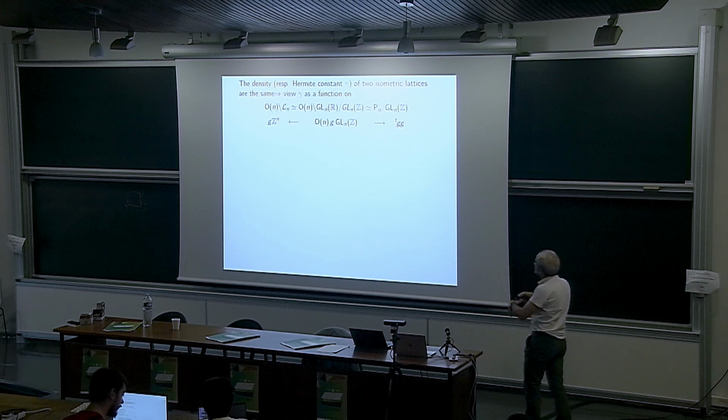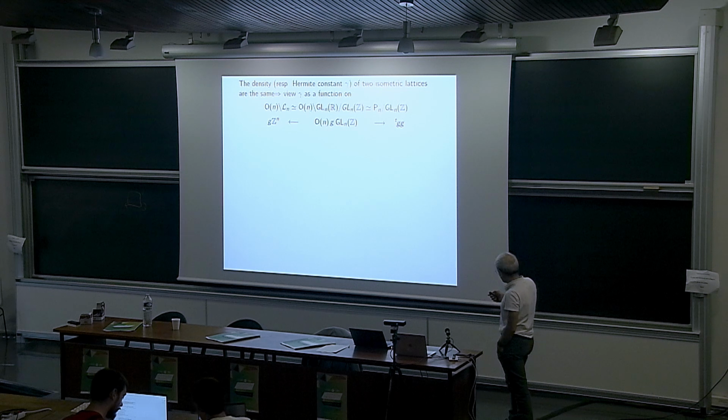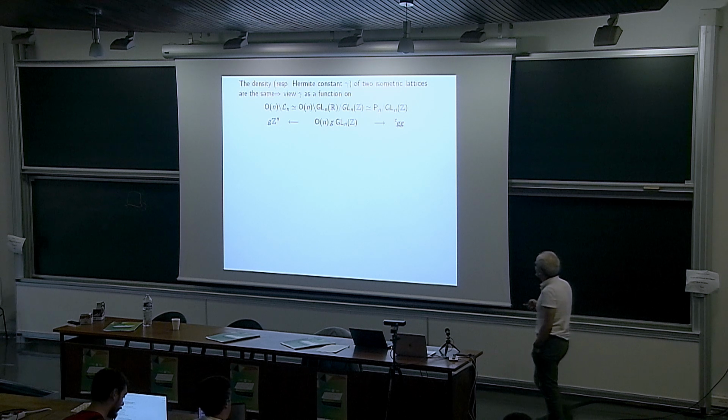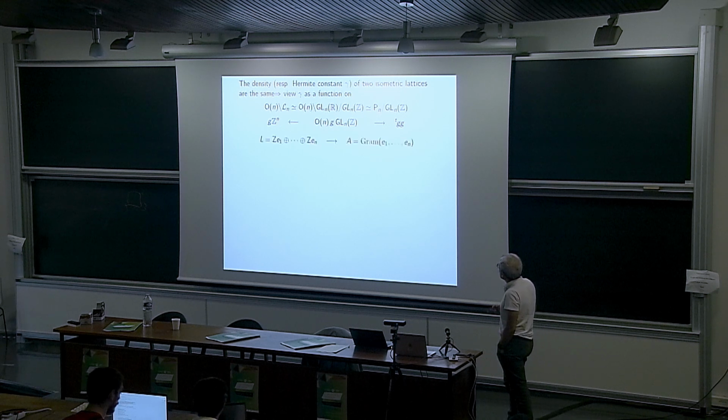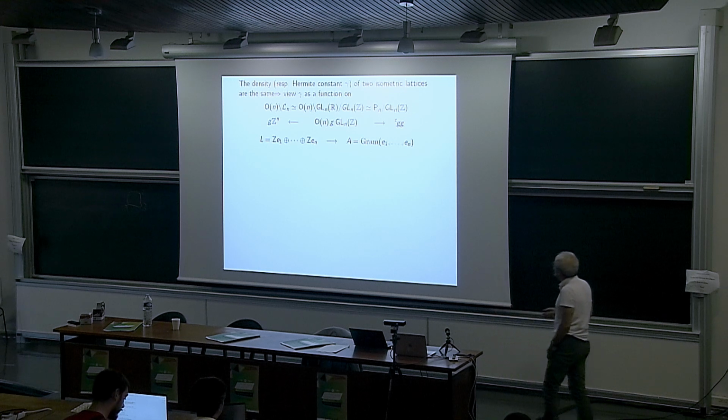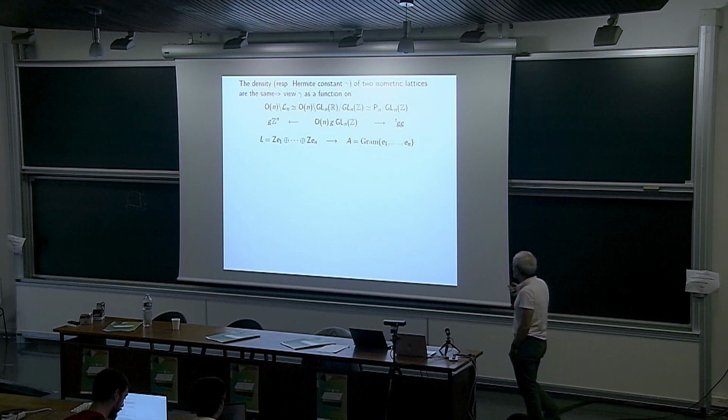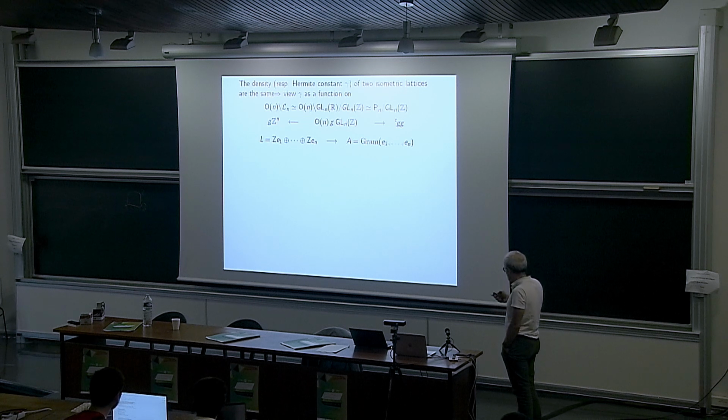So this is how the dictionary between lattices on the one end and positive definite quadratic forms works. Stated differently, it is just the association I mentioned in the first slide, namely a given lattice equipped with a chosen basis, you consider the corresponding Gram matrix. This is exactly the same thing, stated differently.